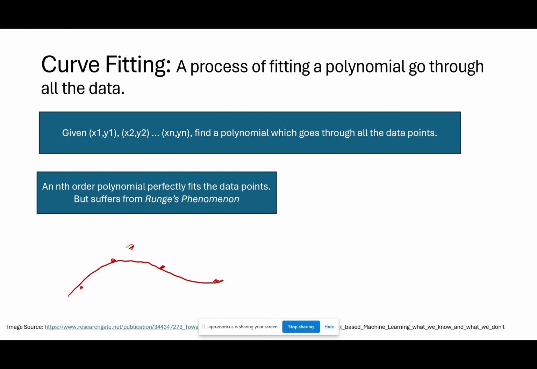In general machine learning, we call this kind of thing overfitting, but in curve fitting, in regression, it is a separate field, where they want to fit a curve such that it exactly passes through all the points. So let's say you have n points, right? And what kind of polynomial best fits the points?